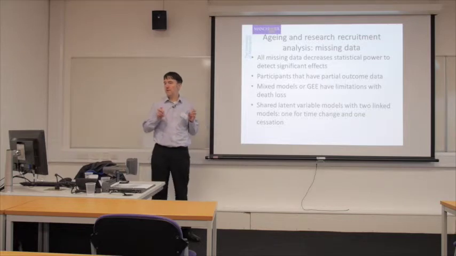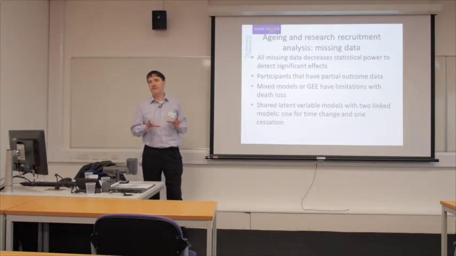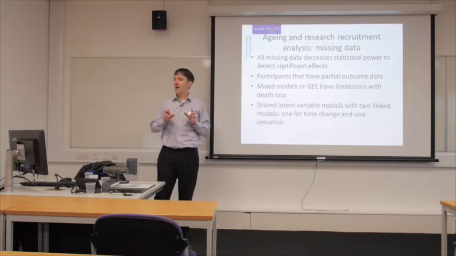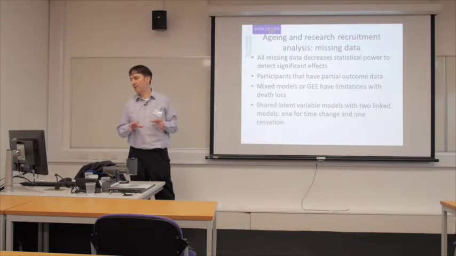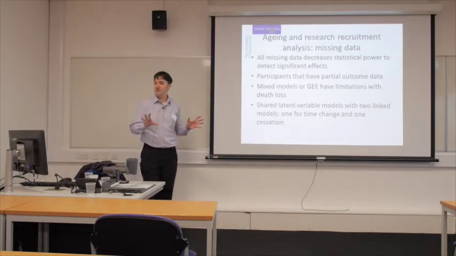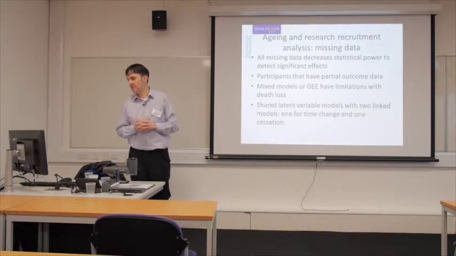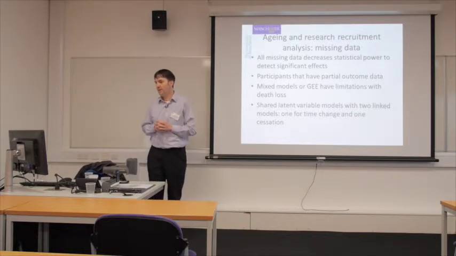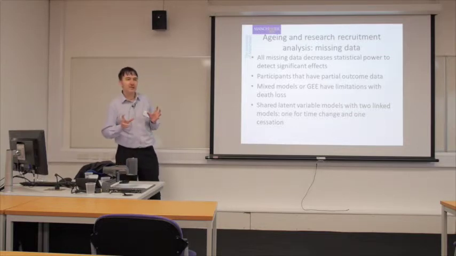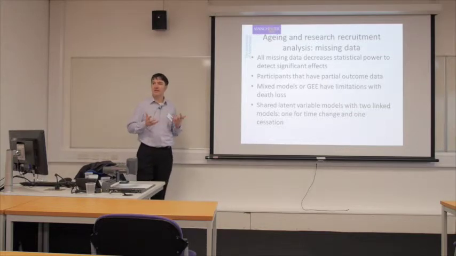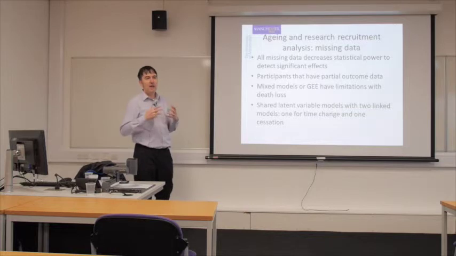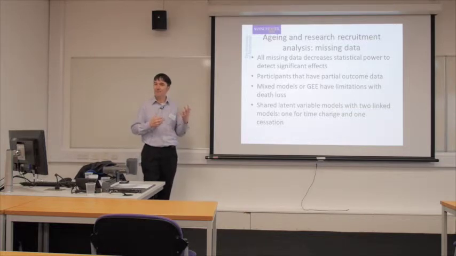So, missing data, if we agree, has an effect of decreasing the power in all types of study, and we will often have participants with partial outcome data. Many people will use things like mixed models or GEE, but even they have some limitations dealing with death in particular.